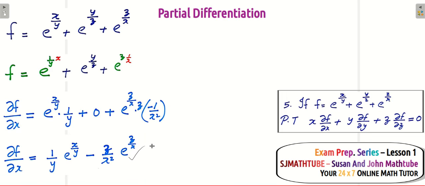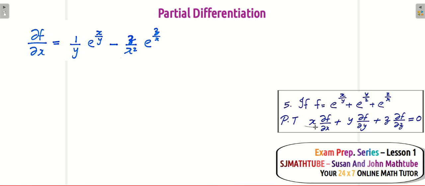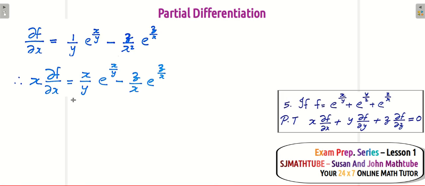Let's simplify this a little bit. Now I want you to take a look at the question. We want partial derivative with respect to x, but we have to multiply with x. So I'm going to multiply throughout by x and simplify, and that gives me this. Okay, that's it, my friends, because I told you in the beginning this is a symmetric expression, and in a symmetric expression don't waste your time by evaluating these quantities again and again and again.